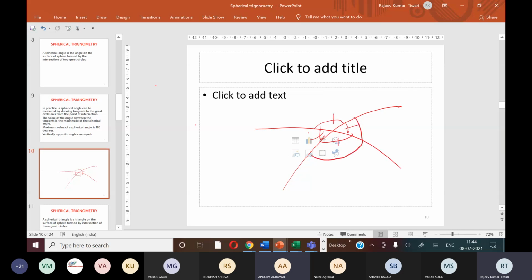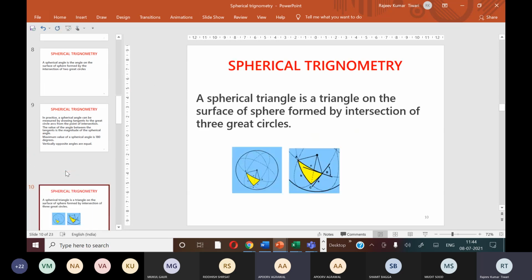What is this angle equal to? 180 degrees. Remember, the maximum angle of a side of a spherical triangle can be 180 degrees. Vertically opposite angles are equal; we'll use this.